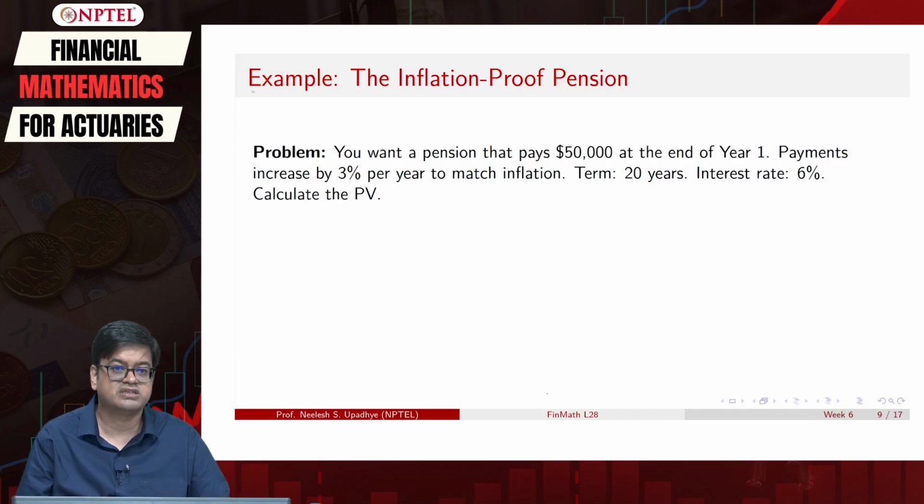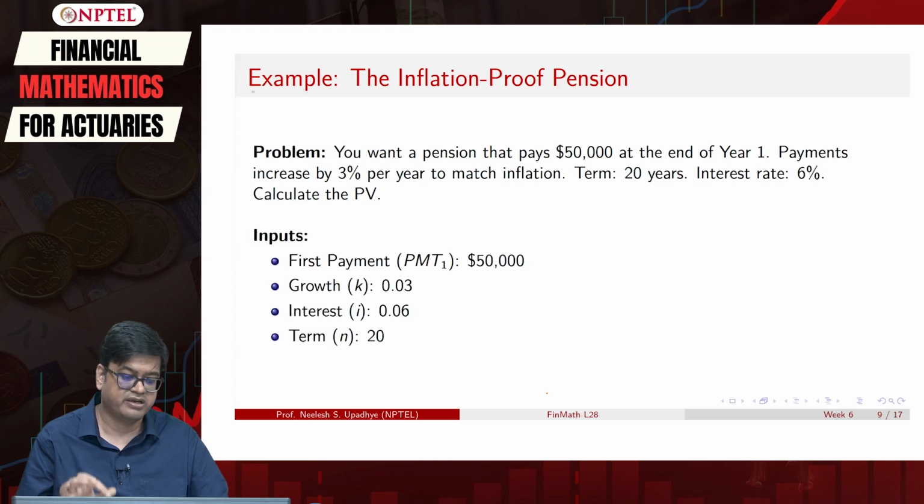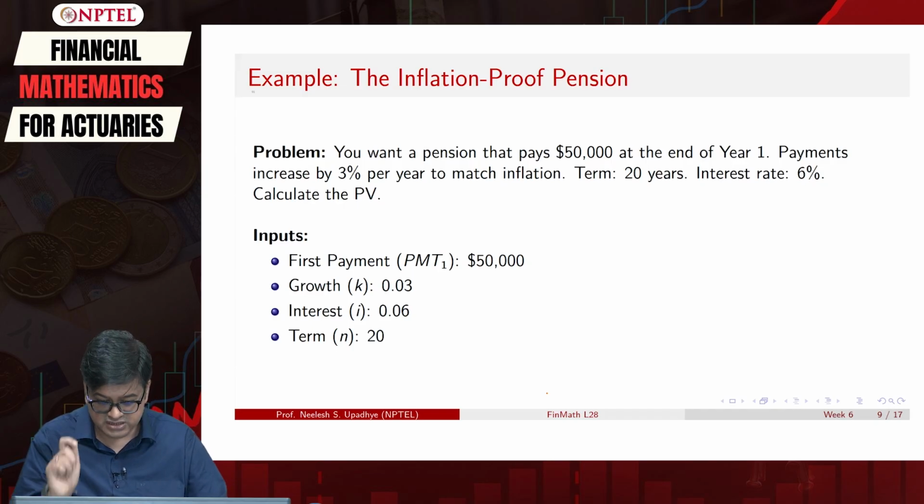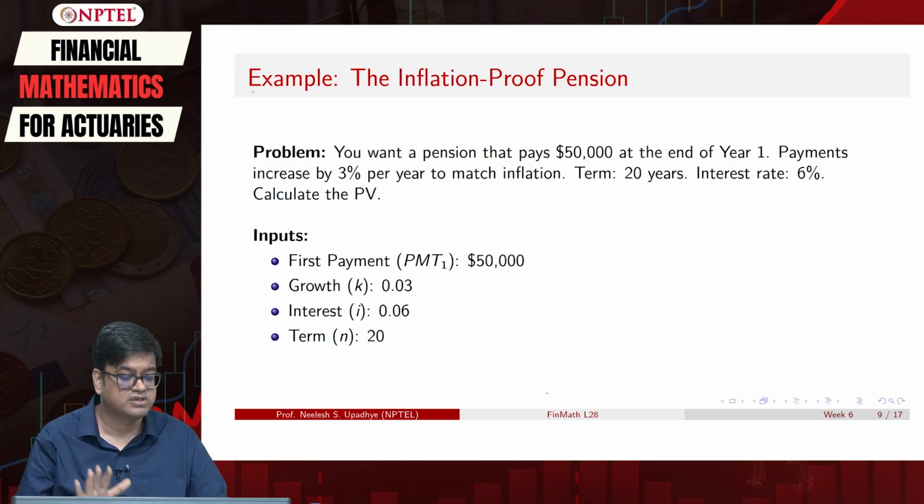So the inputs that are required for us: what is the first payment, that is 50,000. What is the growth rate that I want, that is 3%. What is the interest rate that is given to me, 6%, and what is the term of the pension that I want to receive. So it's 20. So all these inputs are ready. Okay.